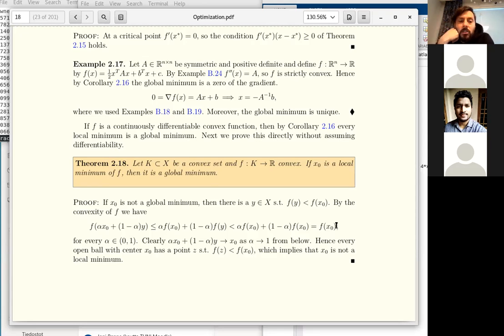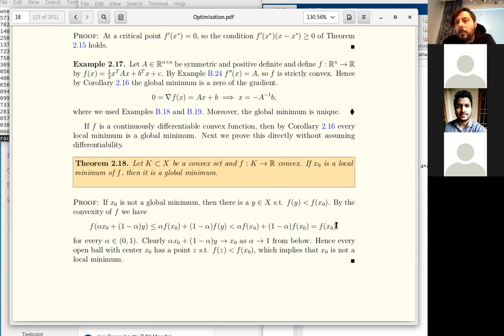If f at y is smaller than f at x0, then this is smaller than f x0. But we assumed this is a local minimum, so even if we move just a little bit from x0 towards y, the value should not decrease. So that's a contradiction. If it's a local minimum, then it's a global minimum.